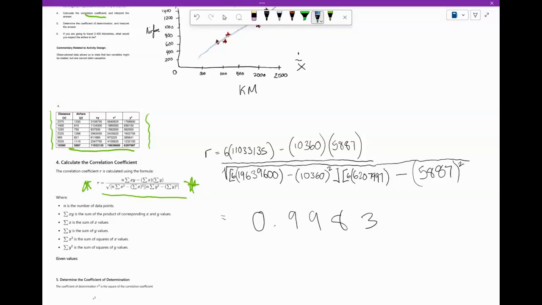So 6 times this 11,033,135, what do you get? So we're not going to literally do it the long way, but you're almost sure of getting the right answer this way.